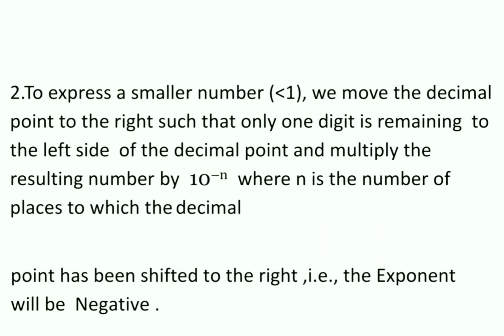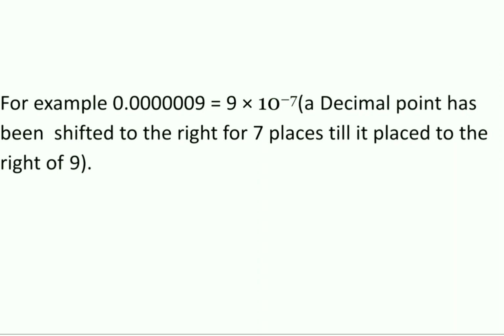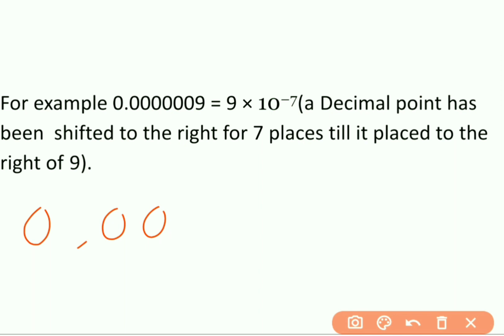And I will explain this with the help of an example. So student, let us consider an example which is written on the screen. You will see a number written on the screen which is 0.00000009. Student, we have to convert this number such that we get a decimal number between 1.0 and 10.0.